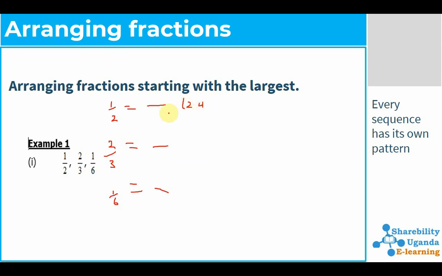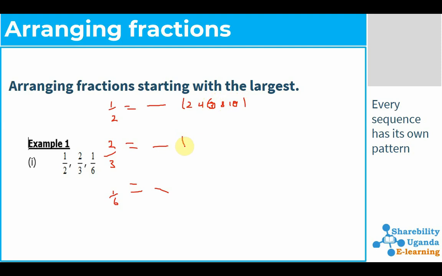We say 2 times 1, we get a 2. 2 times 2, we get a 4. 2 times 3, we get a 6. 2 times 4, we get 8. 2 times 5, we get 10. Okay, let's first stop here. These are the multiples of 2.